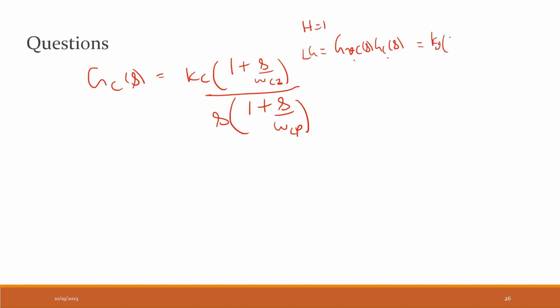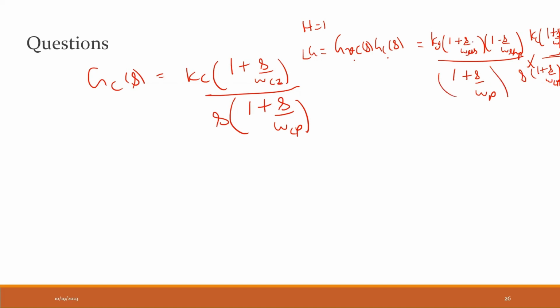That is Kg into (1 plus S upon omega ESR) into (1 minus S upon omega RHP) upon (1 plus S upon omega P) into this GC of S, Kc into (1 plus S upon omega controller zero) upon (1 plus S upon omega controller pole) into S. So this is negligible, since omega ESR is very, very high, so this part gets neglected.